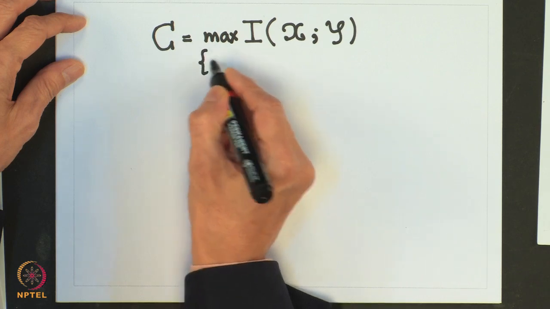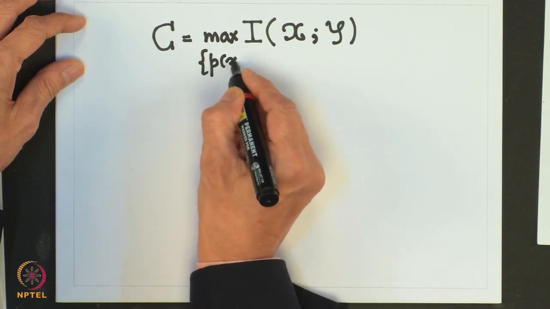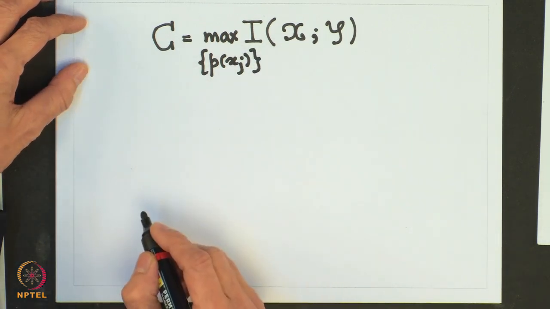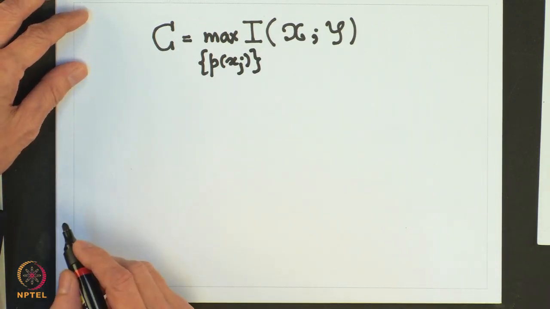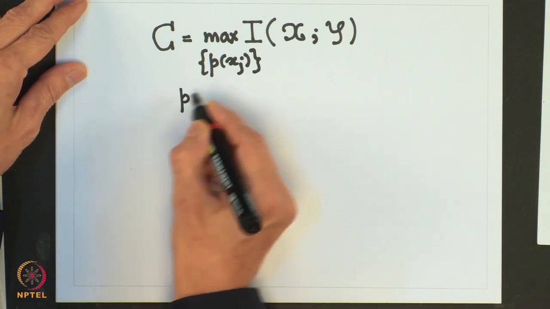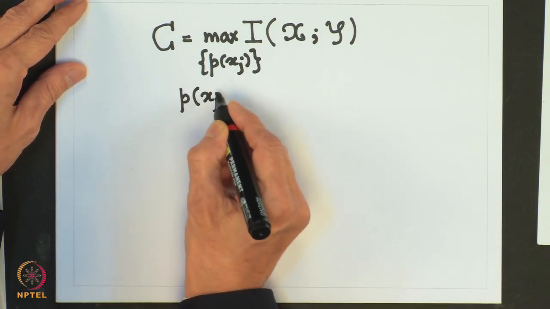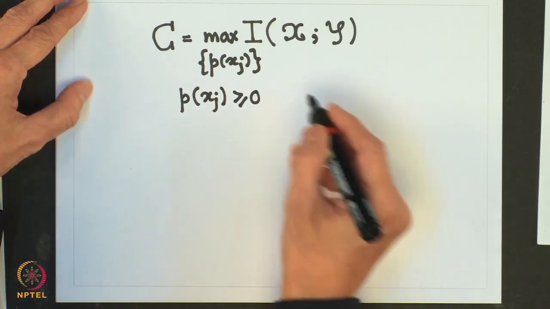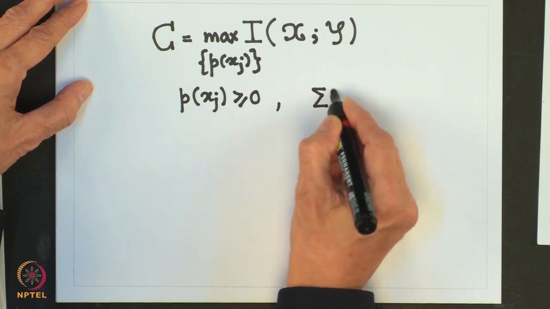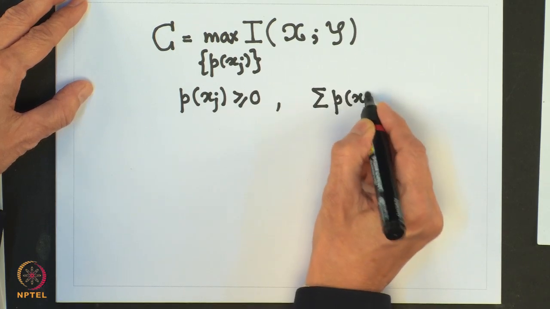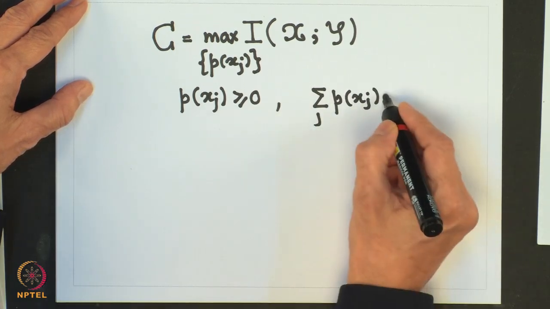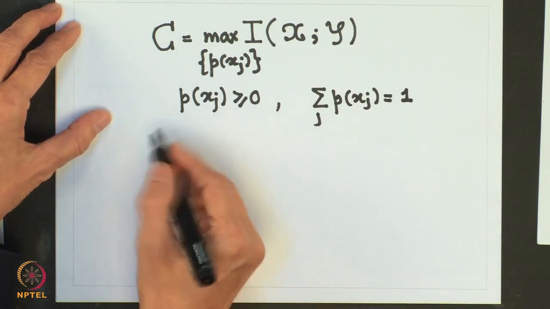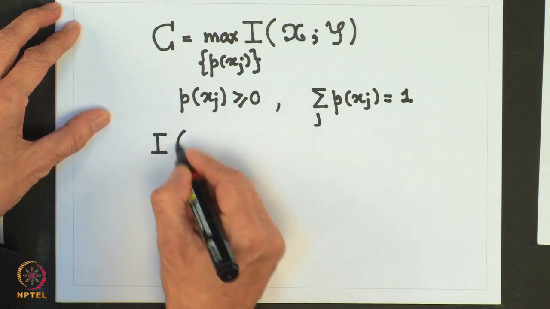This maximum is over the input symbols distribution, with the inequality constraint p(x_j) greater than or equal to 0 and the equality constraint that the summation of p(x_j) is equal to 1.